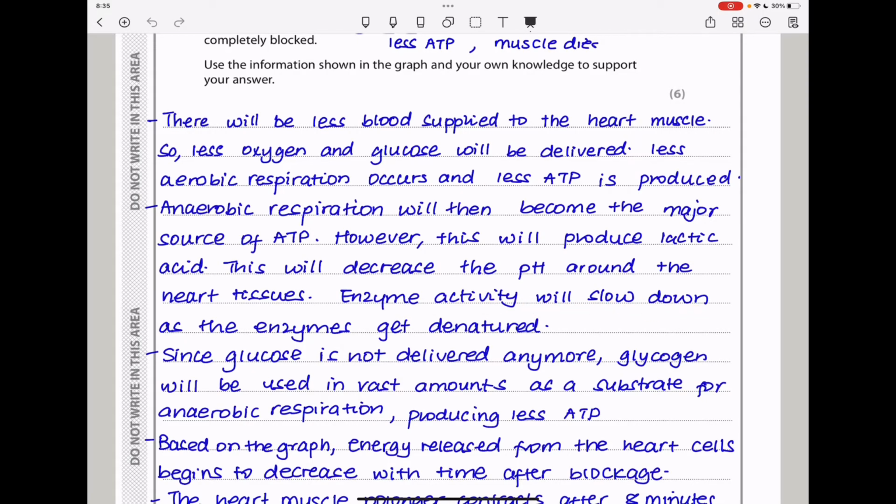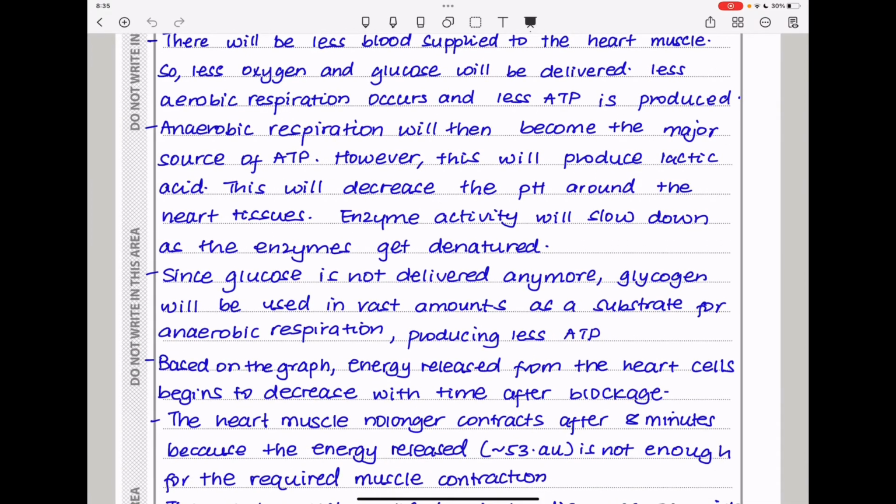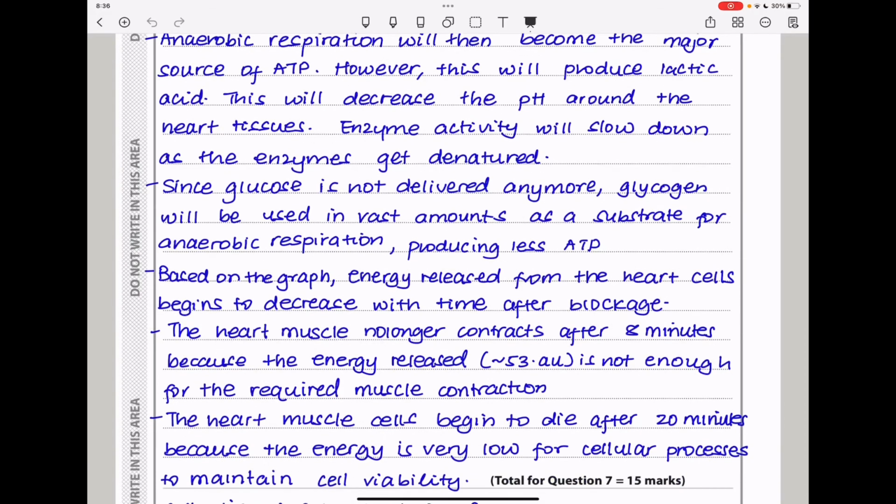This is going to occur due to pH changes, so it's going to slow down as the enzymes get denatured. Denaturation of these enzymes is due to lowering of the pH due to the increase in the lactic acid due to anaerobic respiration. So I said since glucose is not delivered anymore, glycogen will be used in vast amounts as a substrate for anaerobic respiration, but it's going to be producing less ATP.